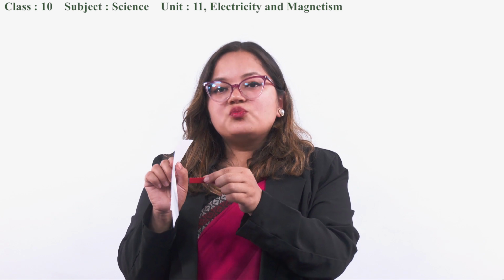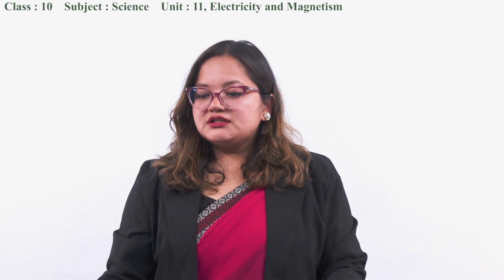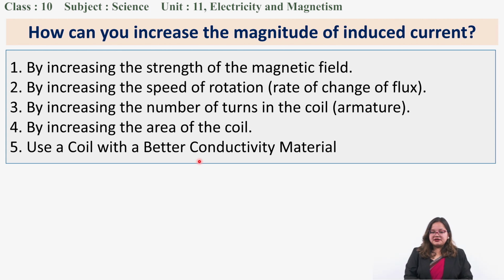More magnetic field lines enter this conductor, and the change in magnetic flux is also pretty high. Another one is using a coil with a better conductivity material. Yes, because if the conductivity of our material is higher, the free electrons are also more, which helps them move around more easily.